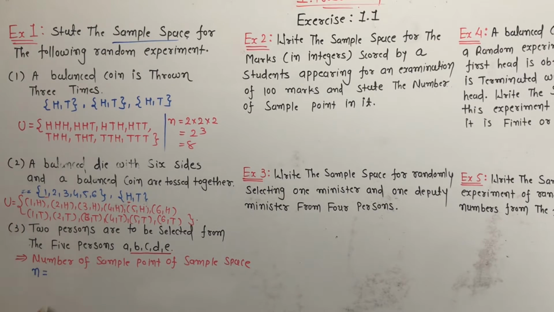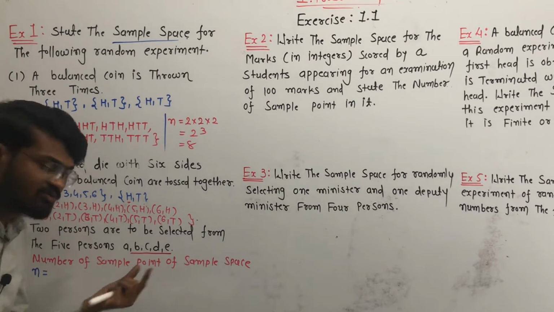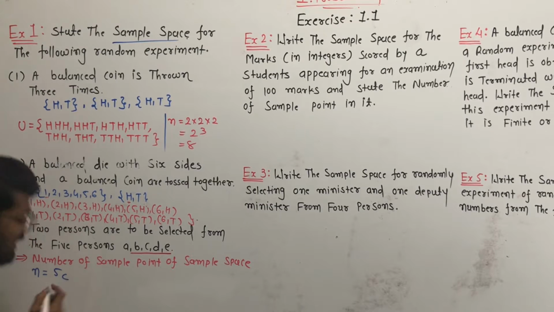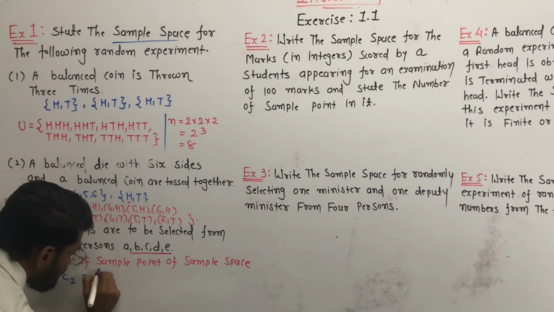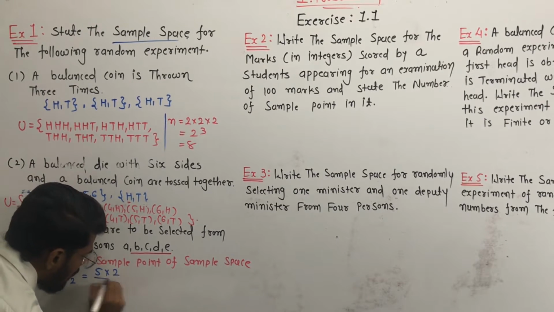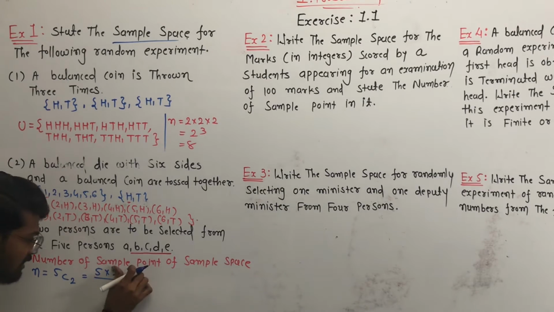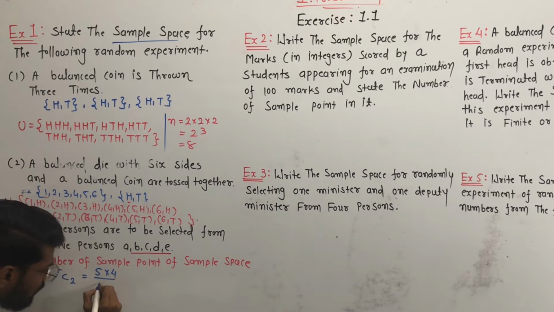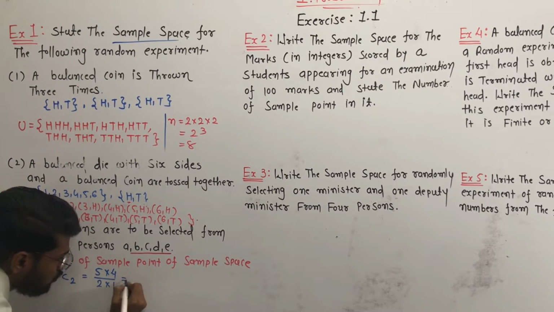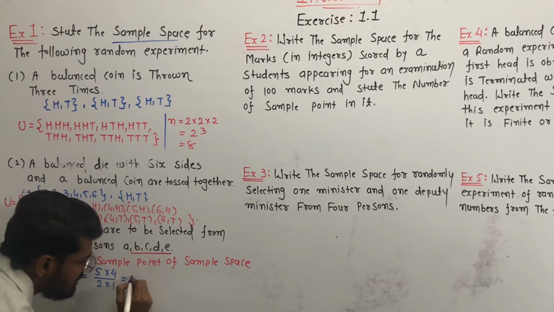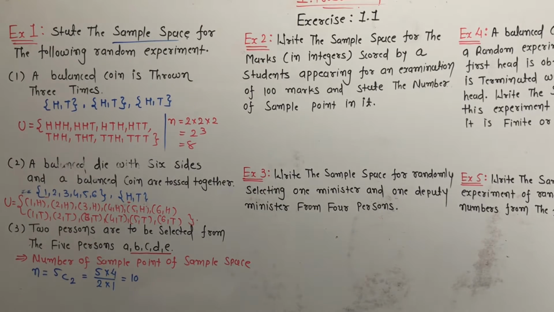Total is 5, and we have to select 2 out of 5, so n is equal to 5C2. 5C2 means 5 into 4 upon 2 into 1, so 2 is cancelled, and 5 into 2 is equal to 10. So the number of sample points in the sample space will be 10.